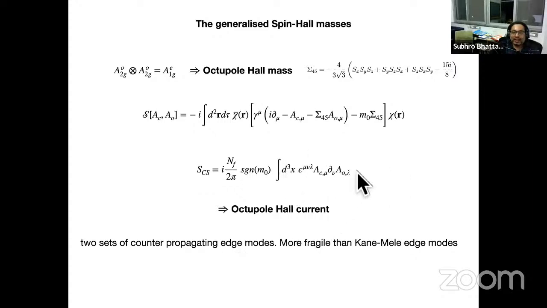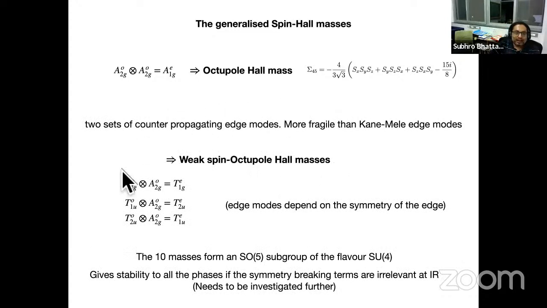This phase turns out to be a bit more fragile than the Kane-Mele phase, because we have two sets of counterpropagating modes, so we have to preserve some more symmetries than the spin Hall phase. But it is a symmetry protected topological phase nonetheless. There are other phases, like the weak spin octopole Hall masses, which one can work out, and they're more fragile in the sense that they require some lattice symmetries.